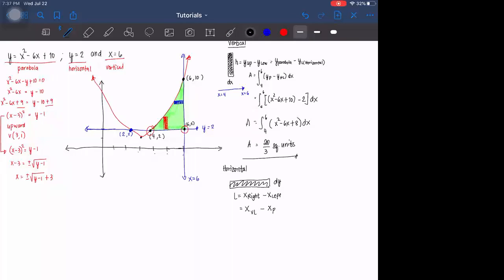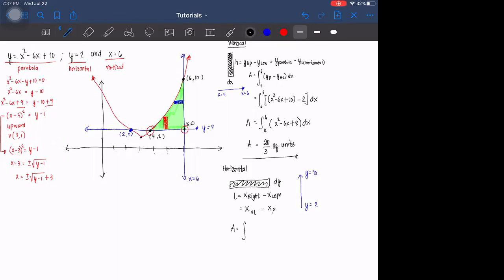So area equals... Our movement this time is going up, from y equals to y equals. What is the lowest value of y in the shaded region? 2. What is the highest value of y in the shaded region? 10. Okay.